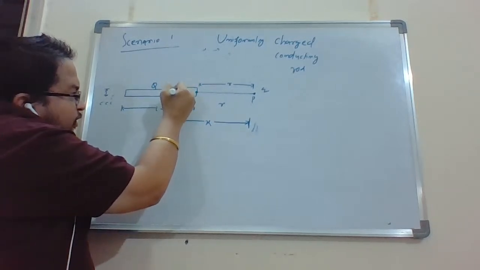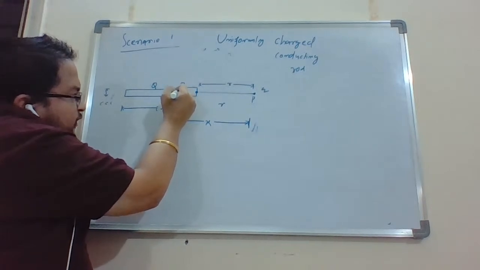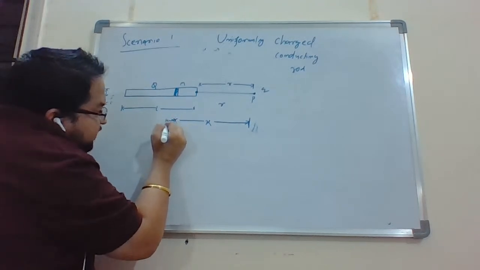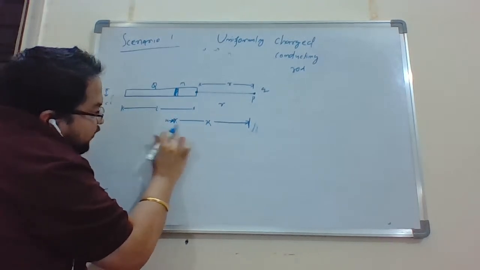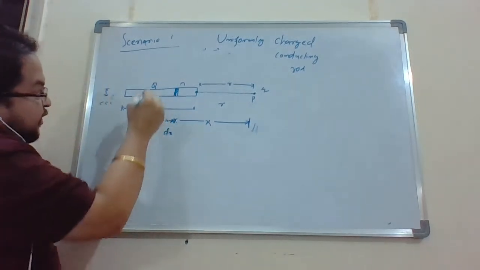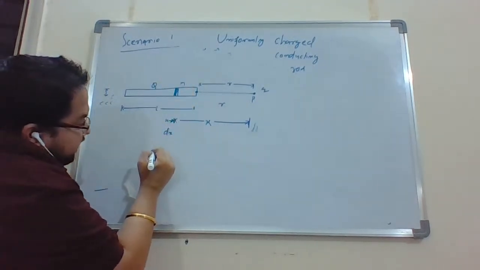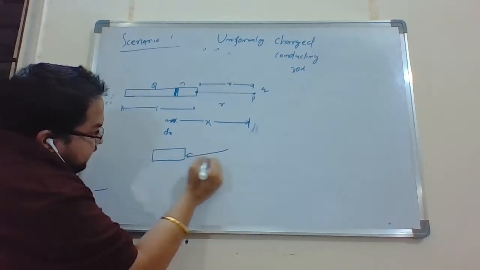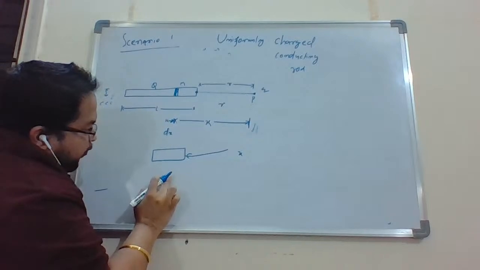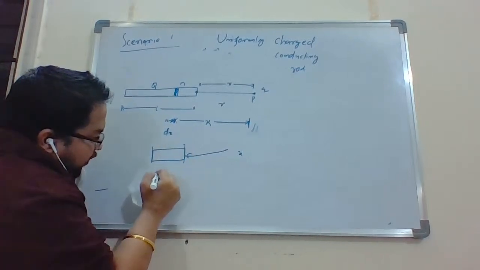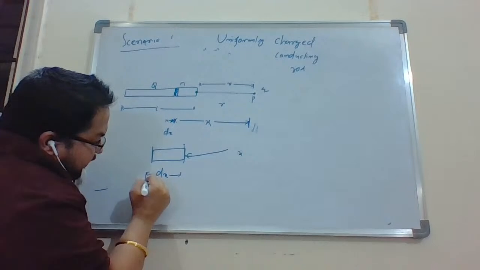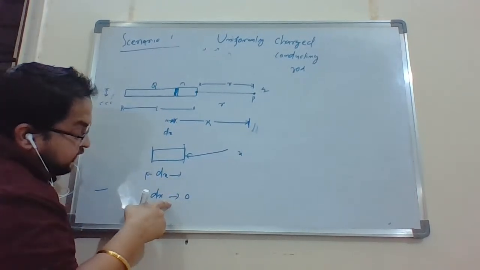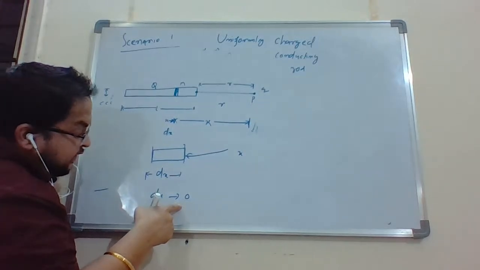Now let us take a very small interval here, and let this distance be called dl or dx. So I repeat, if I can put a magnifying glass here, what I have done is at a distance x from the point, I have taken a small interval called dx, such that dx tends to 0, just like you study in your calculus.